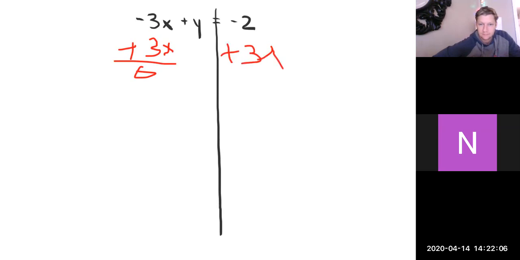So what are you going to have over on the right side? I don't know.